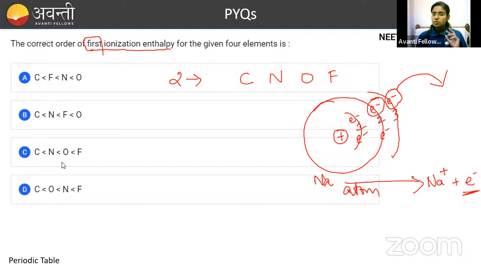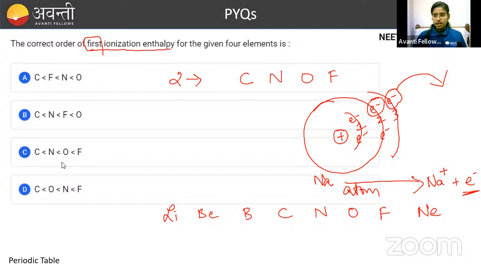Now we do have some exceptions for second period elements. Who are the second period elements? Lithium, beryllium, boron, carbon, nitrogen, oxygen, fluorine and neon, right? If you ask me the trend across the period for ionization energy, it increases.